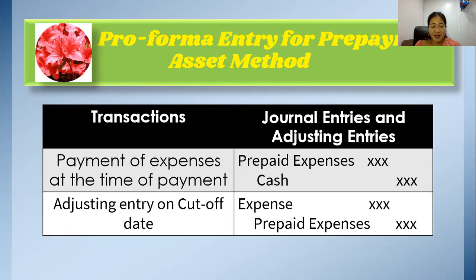So for the adjusting entry, here you will be recognizing the expense and you will be reducing the prepaid expenses. It's the opposite. Under the expense method, you will be reducing the expense account and recognizing the asset account. Here, you will be recognizing the expense account and reducing the asset account.